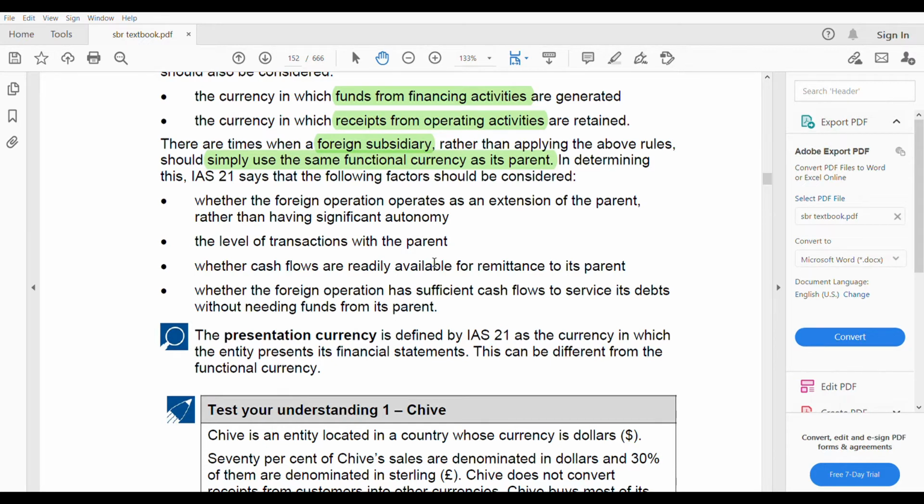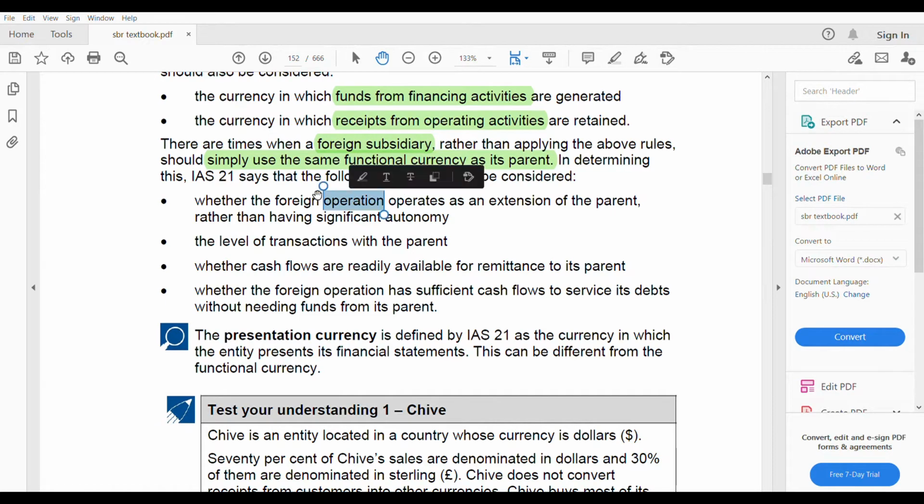Are they talking about volume and frequency? Then you mention that point. So you have to see which point is applicable, and in the case study, for which point out of these four you have information. Accordingly you will answer. Number one, whether the foreign operation operates as an extension of the parent rather than having significant autonomy.